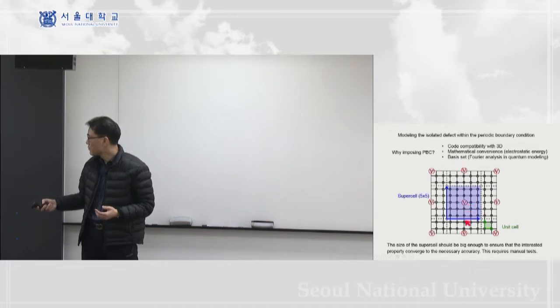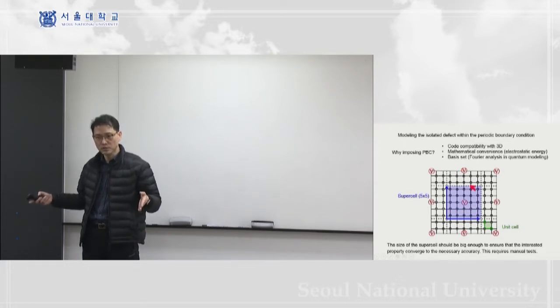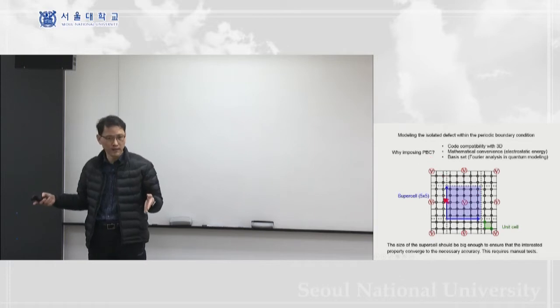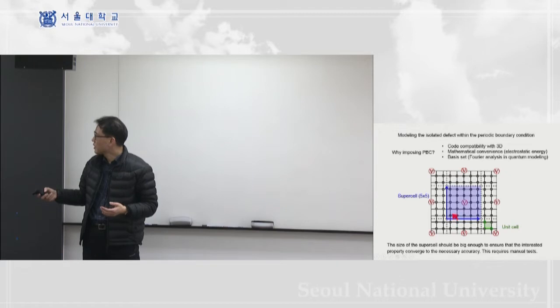Which is far bigger than the original unit cell. And if this supercell is sufficiently large, then you can assume that it corresponds to the isolated defect.